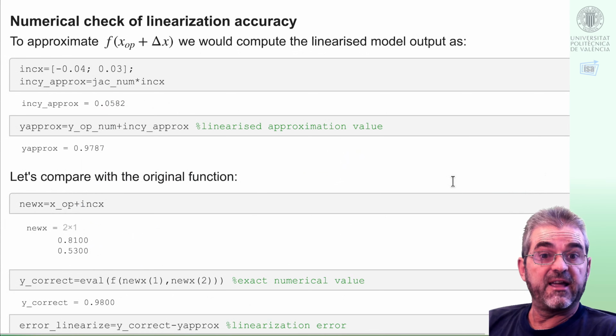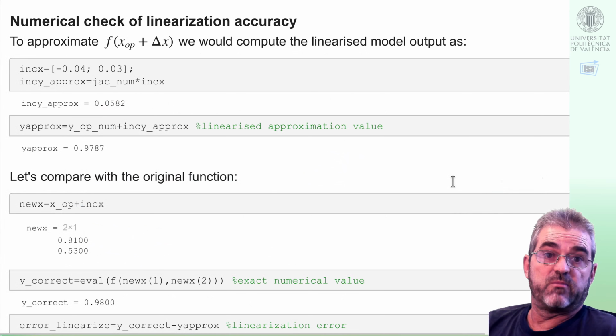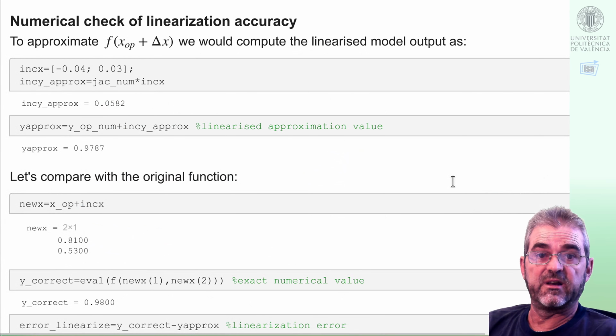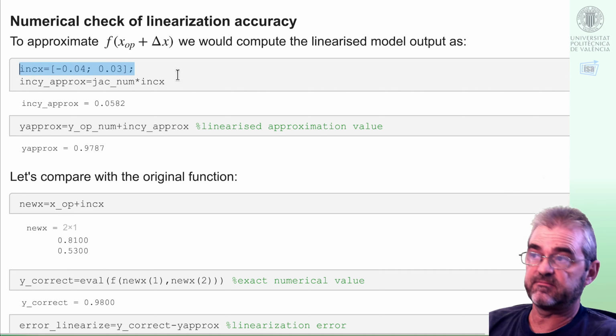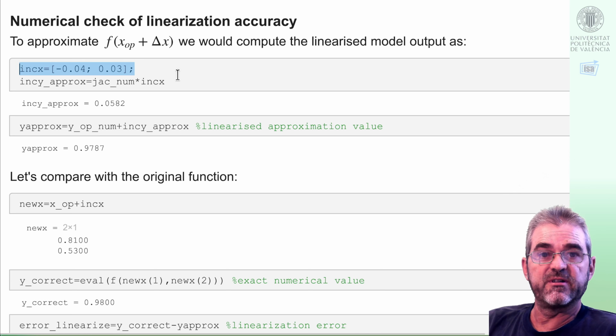So let's do a numerical check of the accuracy of the linearization in just one point. We'll compute the linearization error, and then we'll also plot the linearization error in a range of points to get the feeling of what we are doing. Then, for instance, I will have a small increment around the operating point of minus 0.04 in x1 and plus 0.03 in x2.